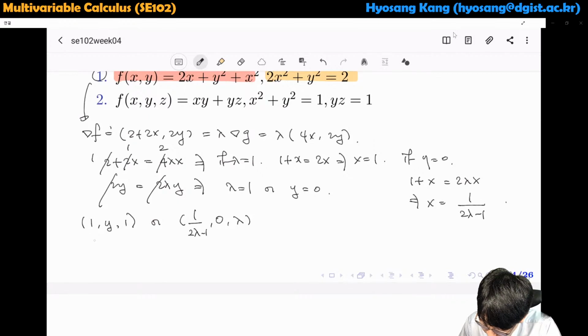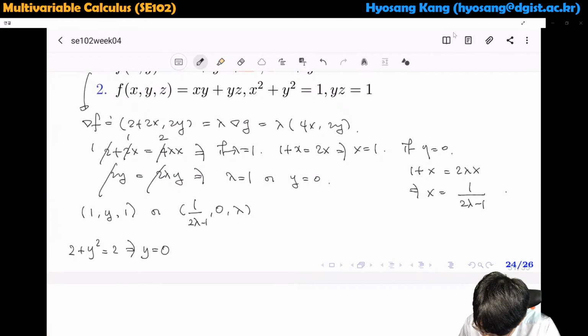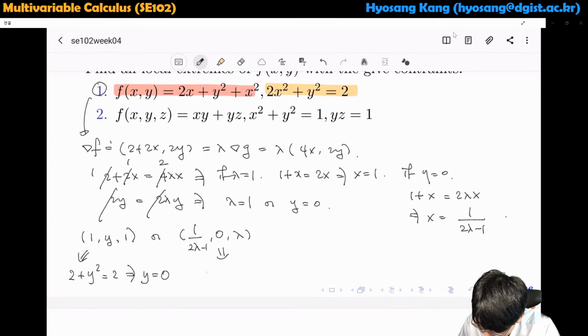If I put the first into the constraint, 2 plus y squared equals 2, so y should be 0. This is simple. For the second possibility, we have (1 over 2 lambda minus 1) squared and 0 squared, which should equal 2.